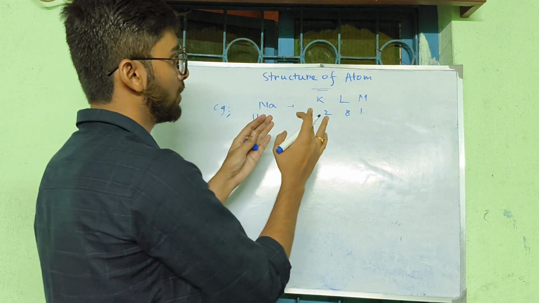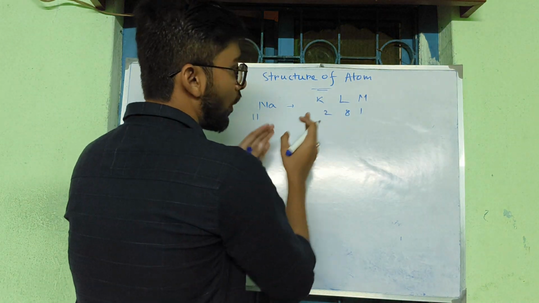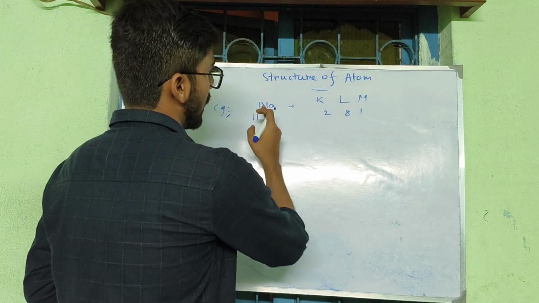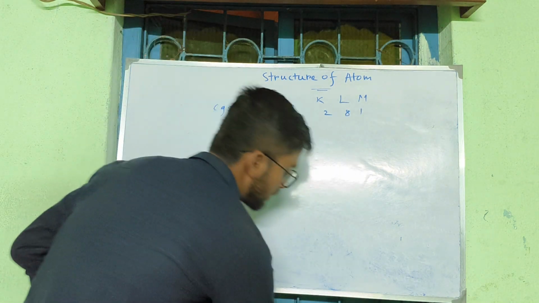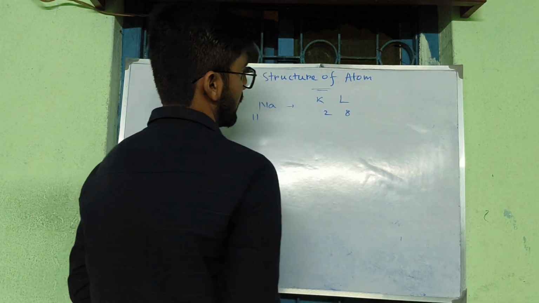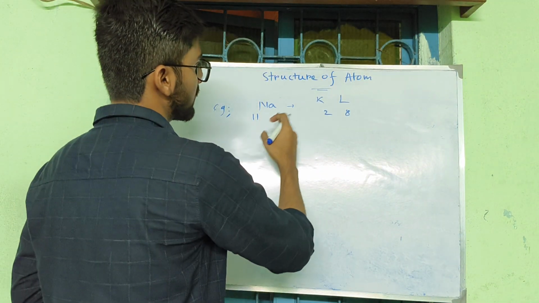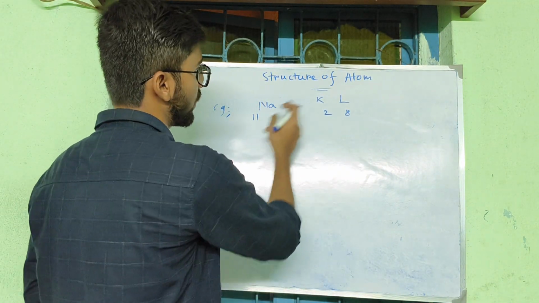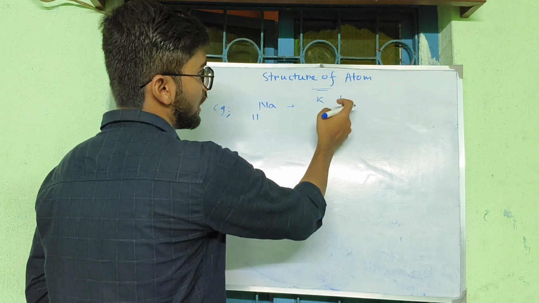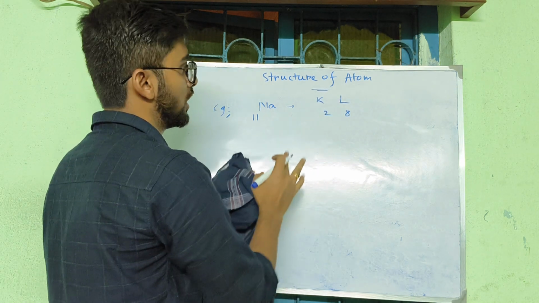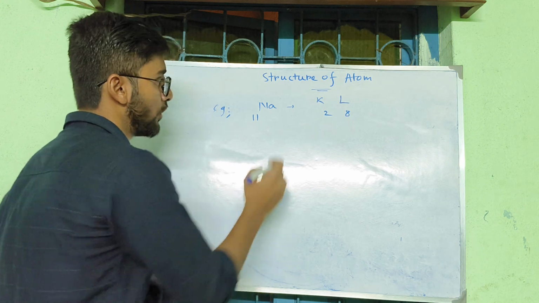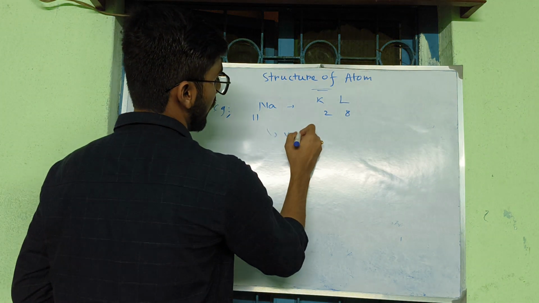So to follow the octet rule, it loses 1 electron from M shell. What is the result? It contains 8 electrons in the L shell, and that satisfies the octet rule. So its valency is 1.